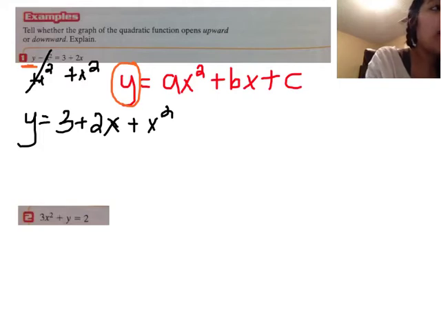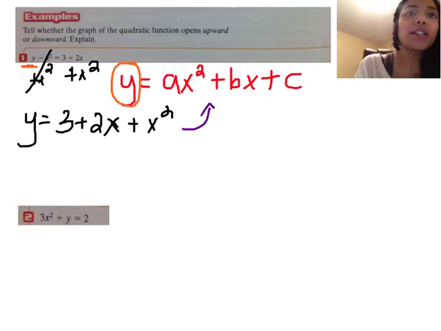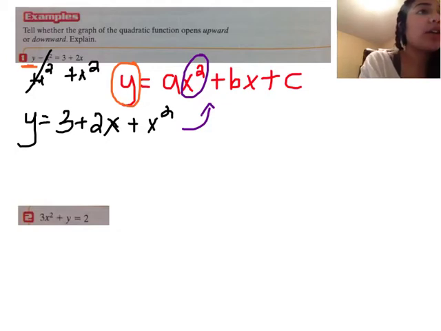Well, if I look here, I have a y. So that means I want y by itself. I need to rearrange this. If you don't understand that, then pause the video, rewind, and see if you understand it the second time you hear it. So, y minus x squared equals 3 plus 2x. I want y by itself, because that's what it looks like in the formula. So I need to move over my x squared.